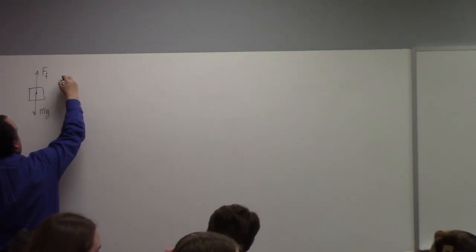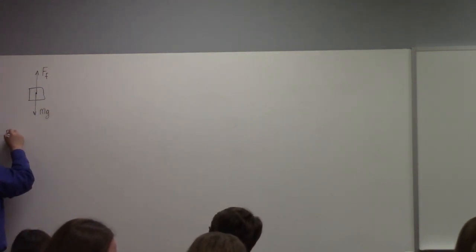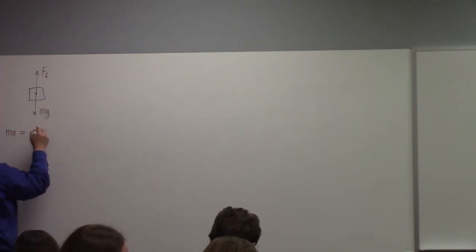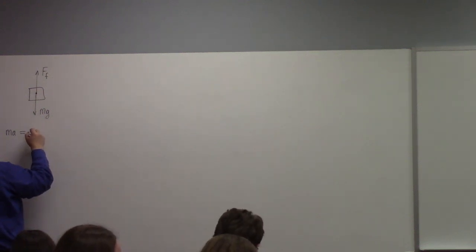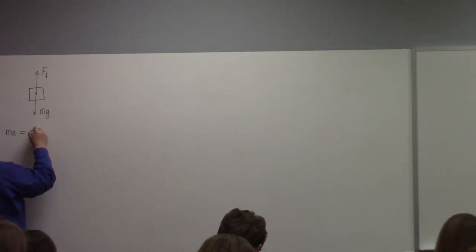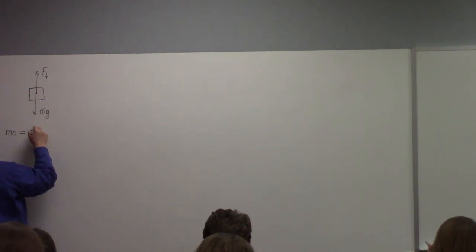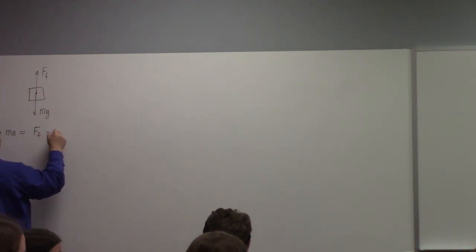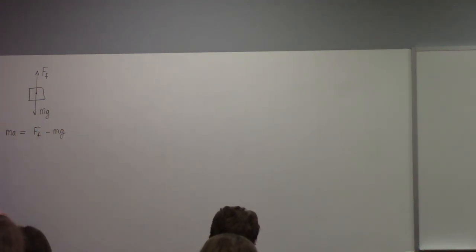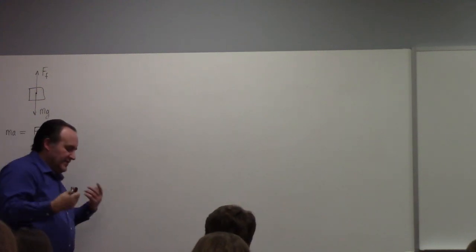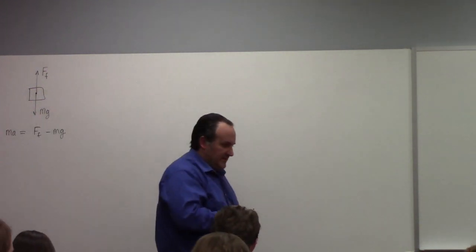And your formula for the motion is mass times acceleration is what? It's the force of friction, which is whatever that is, minus mg, right? And so the question asks you, what's the terminal velocity?